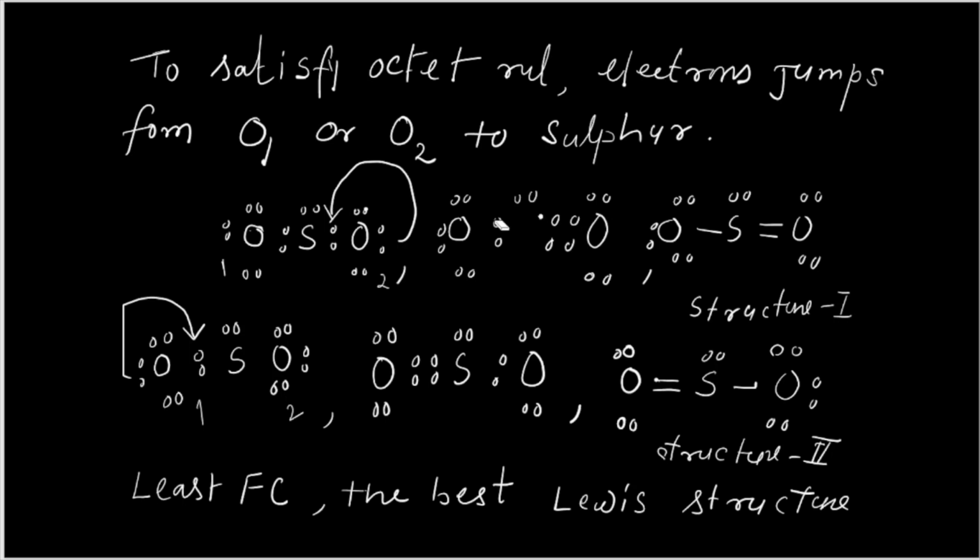You will see whether the structure has the least FC or not. Out of these, are only 2 structures possible or any other structures? We will see with the help of formal charge.